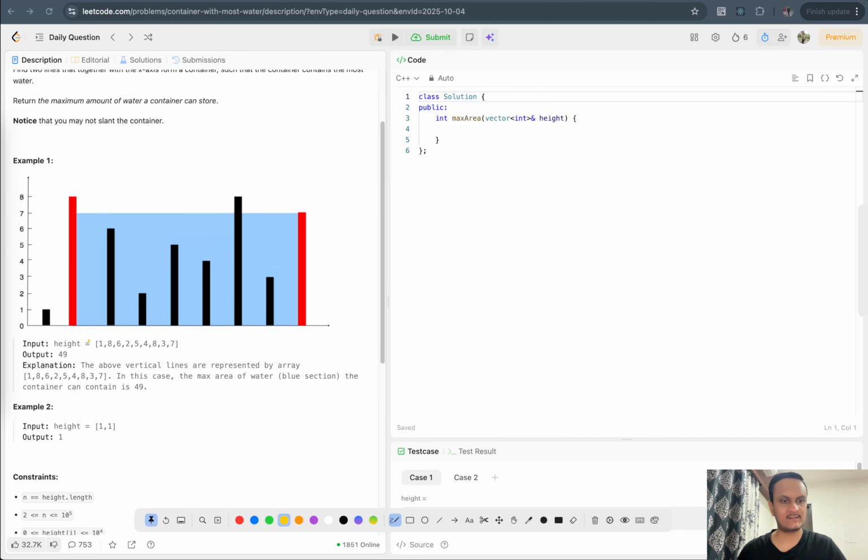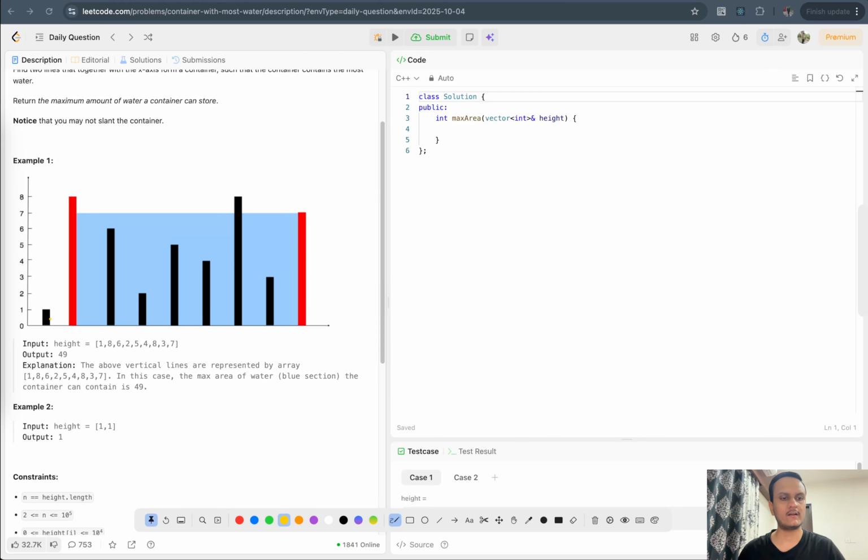So for this example, we have a right wall which has a height of 7, we have a left wall which has a height of 8, so obviously the minimum is 7, and the distance between these two walls is 7 units, therefore 7 cross 7, we have 49 units of water trapped in this container, which is the largest.